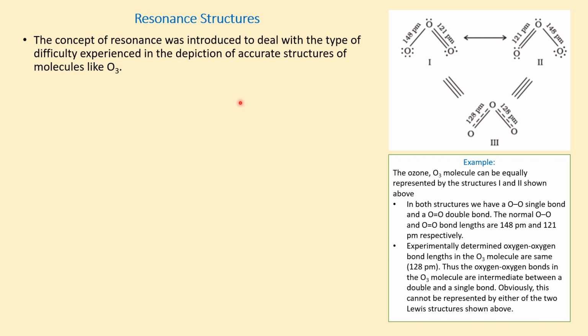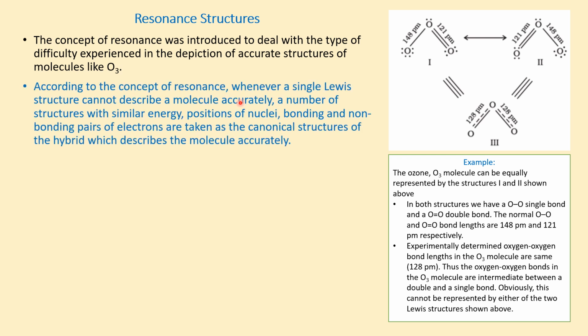According to the concept of resonance, whenever a single Lewis structure cannot describe a molecule accurately, a number of structures with similar energy, positions of nuclei, bonding and non-bonding pairs of electrons are taken as canonical structures of the hybrid, which describes the molecule accurately.